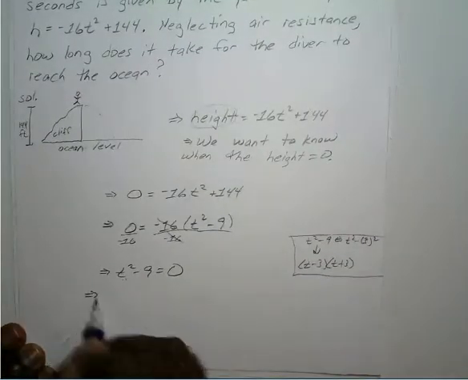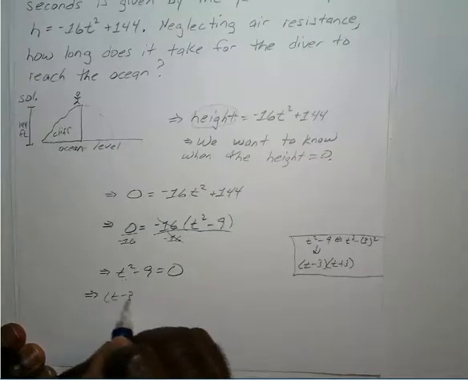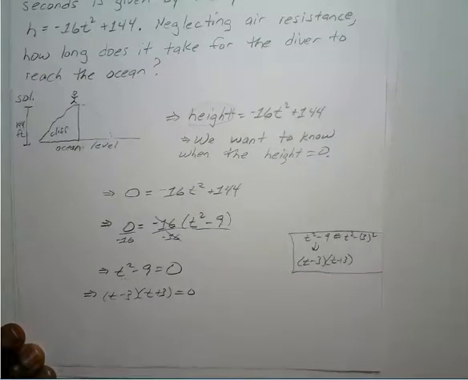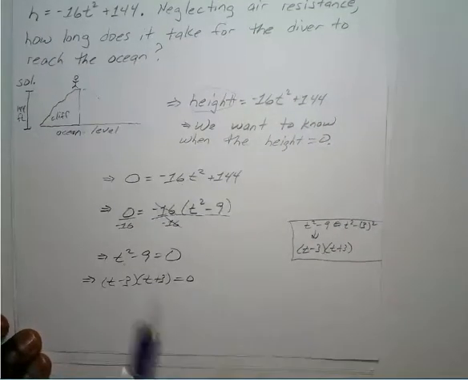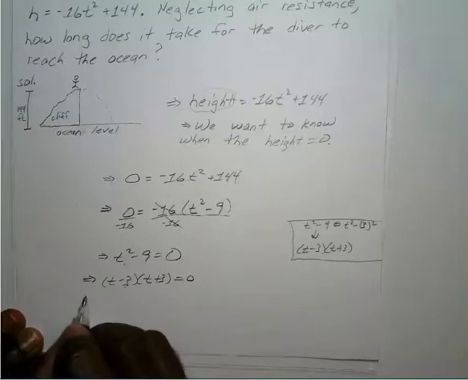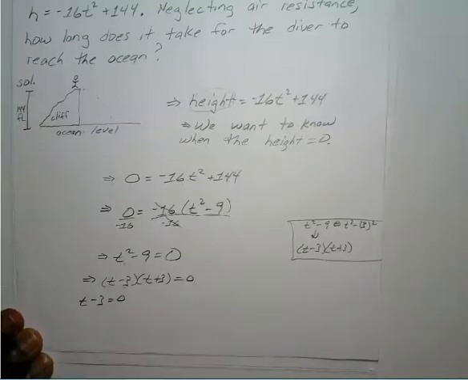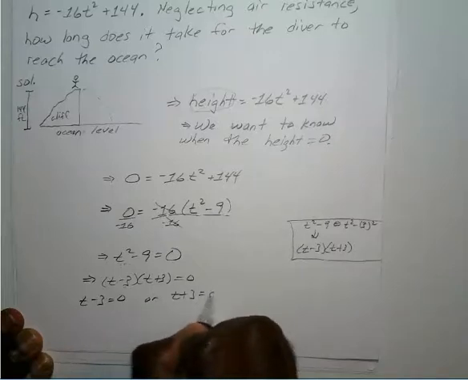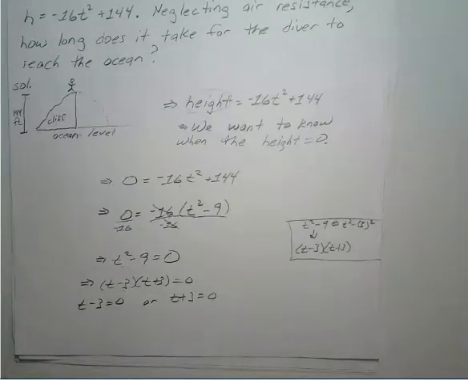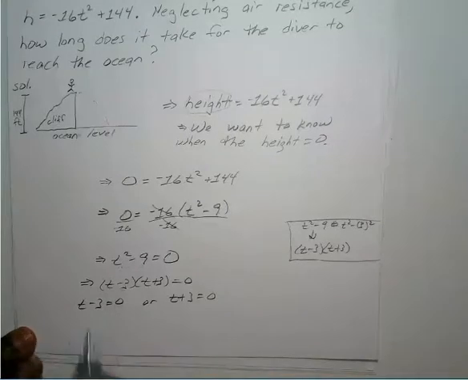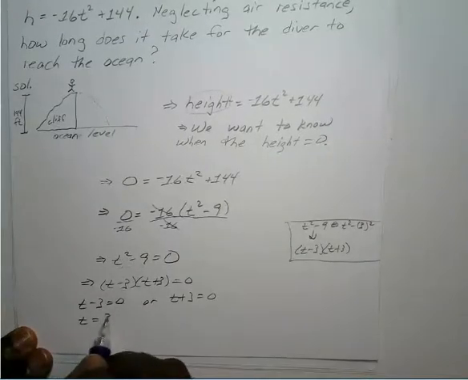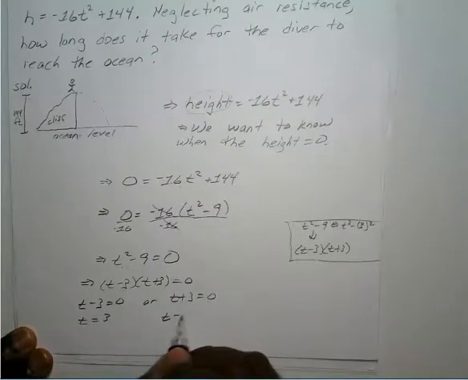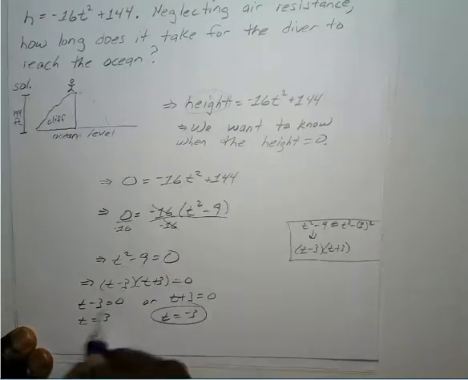So this becomes t minus 3 times t plus 3 equals 0. So if we set both of those to 0, that means t minus 3 equals 0, or t plus 3 equals 0. For this one, if we add 3 to both sides, we get t equals 3. We subtract 3 from both sides here, we get t equals negative 3.